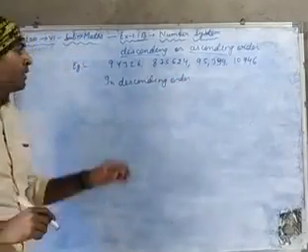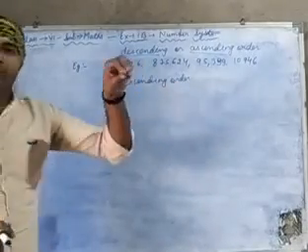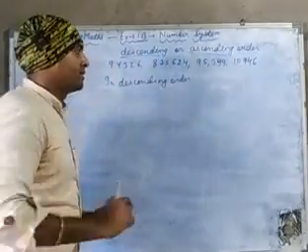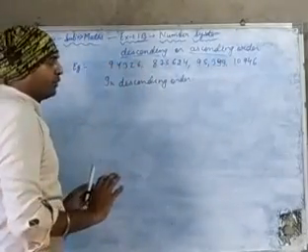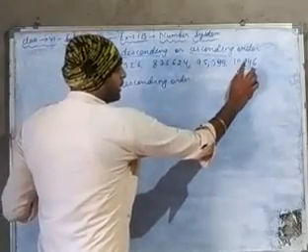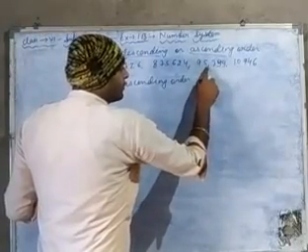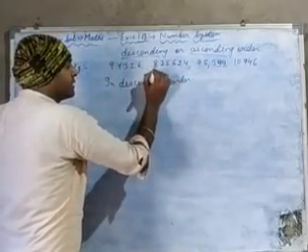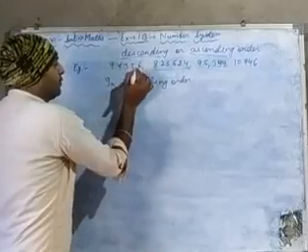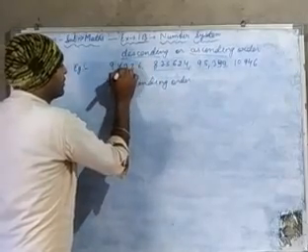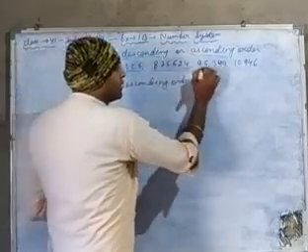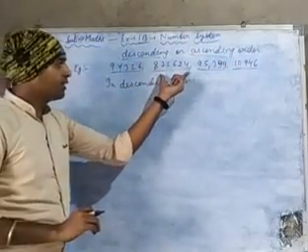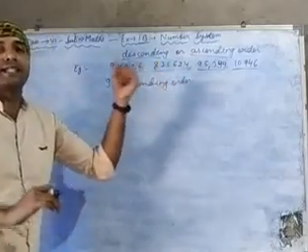Descending order means first we have to find the largest one among these numbers. Let's see. First we have to count the digits. 1, 2, 3, 4, 5. 1, 2, 3, 4, 5. And this 1, 2, 3, 4, 5, 6. So this number has 5 digits, but in this number, how many digits are there? 6 digits.